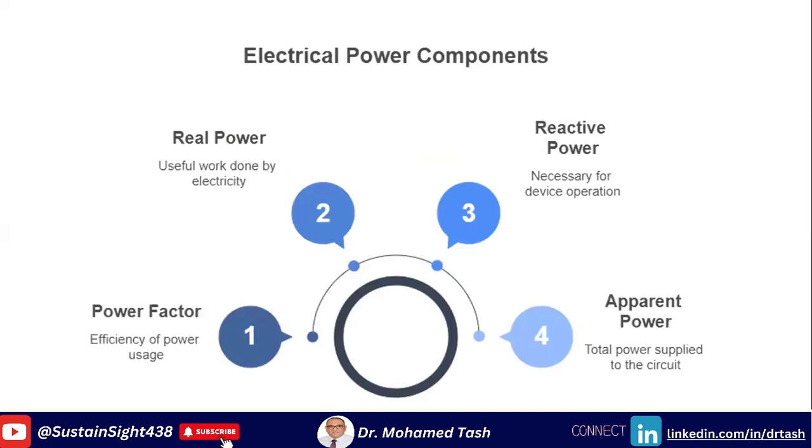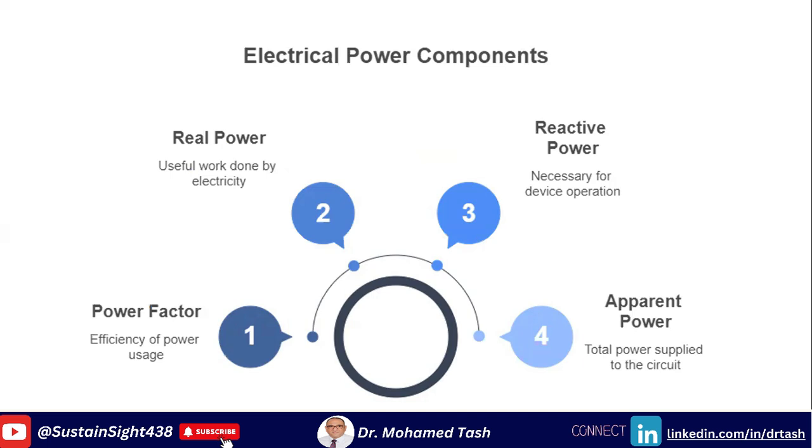The power factor of an electrical load is a measure of how effectively electrical power is being used. In an AC circuit, the power supply can be thought of as having two components.